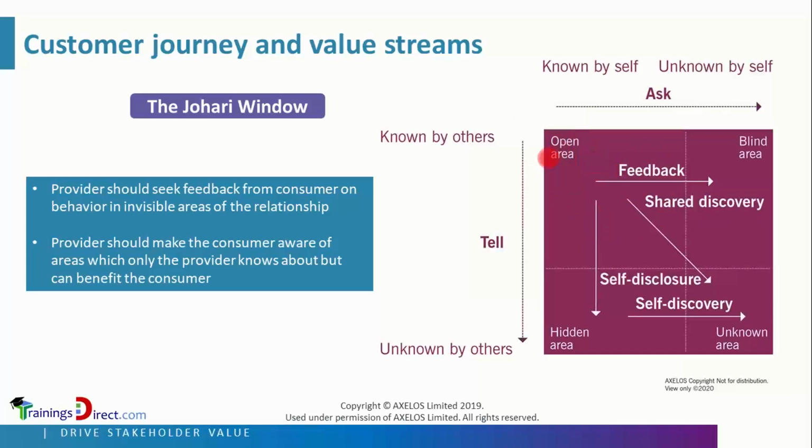There is no need to do any investigation for characteristics which are known already. But for areas which are unknown by oneself, but known by others, they will have to ask them, can you tell something more about me? And they may give feedback about their blind spots.